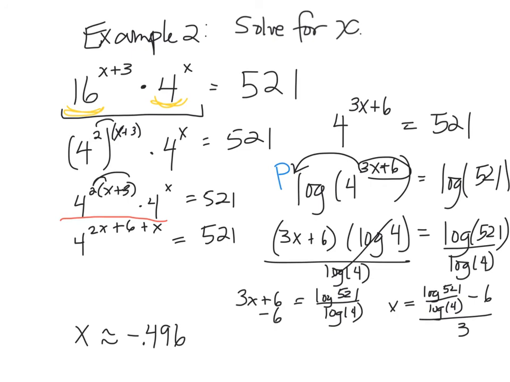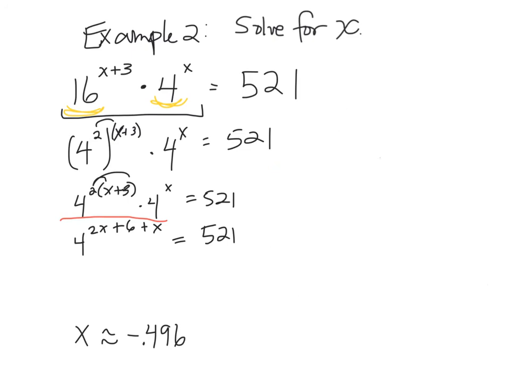So let's check that. So 16 to the negative 0.496 plus 3, 16 raised to that power, times 4 to the negative 0.496 should be approximately 521.